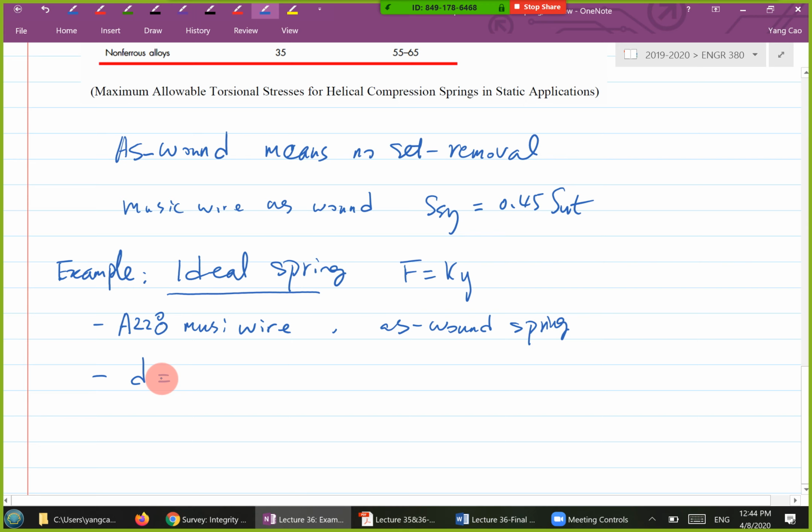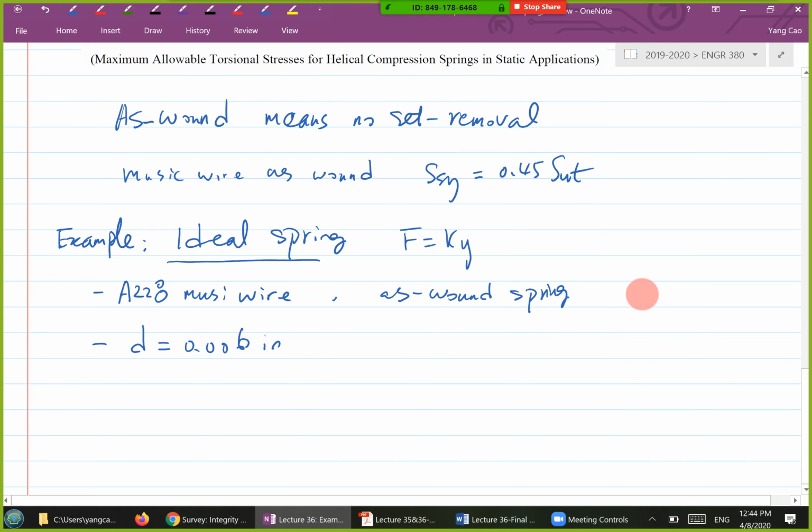Given a spring wire diameter of 0.006 inch, and also given the outside diameter of 0.036 inch. Okay, so OD, this is outside diameter.